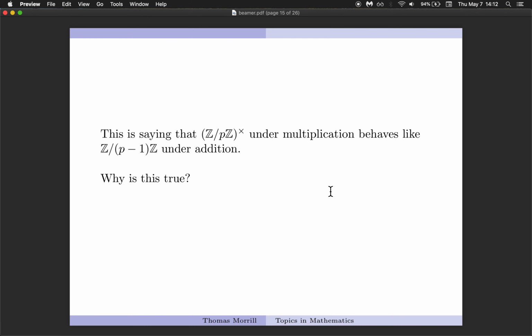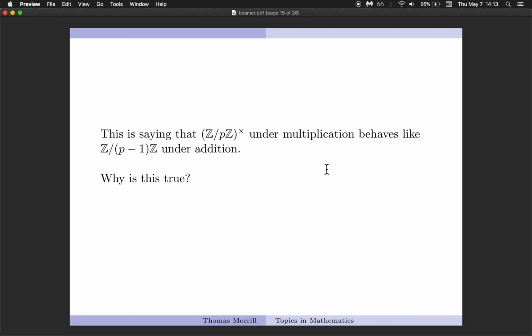A group theorist would say that those groups are basically the same, right? I know that there's P minus 1 elements in this group. That's how many units I have mod a prime. So these are both cyclic groups. They're the same size, so they should be behaving the same as well.